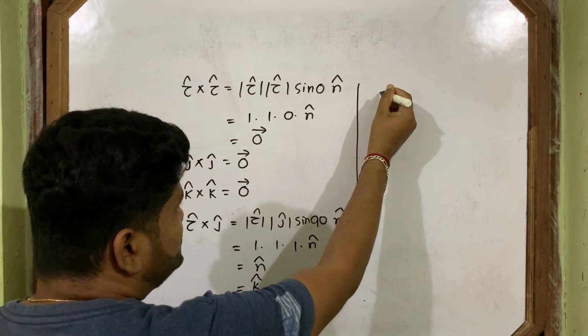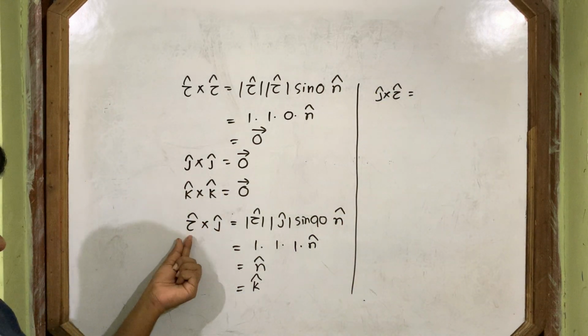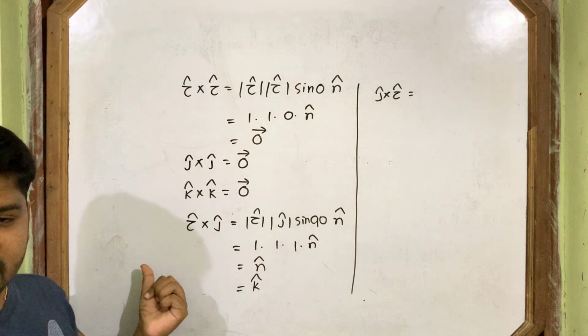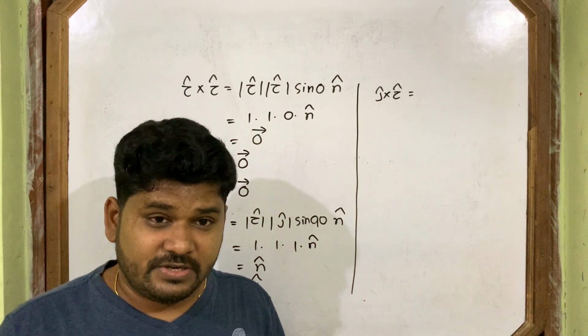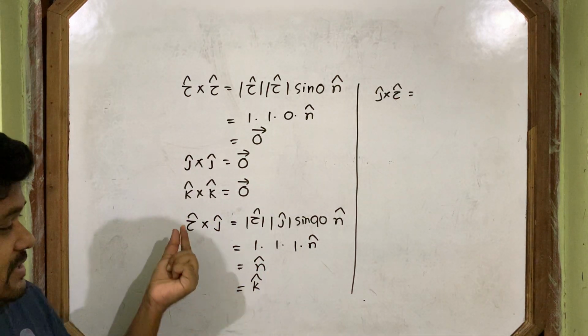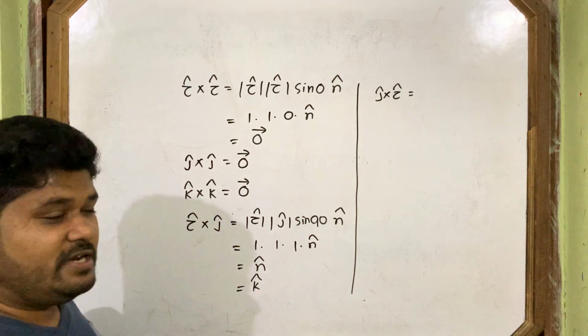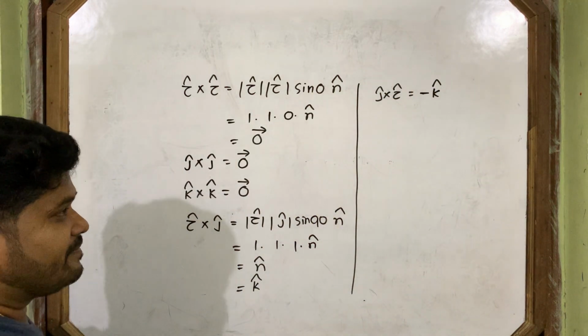So you can do just the reverse, j cap cross I cap. I just change the order. Just before, I told you A vector cross B vector is equal to minus of B vector cross A vector. If we change the order, then we have to write one minus sign here: minus k cap.